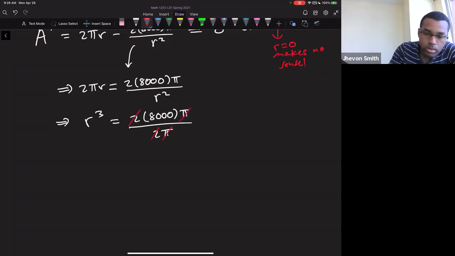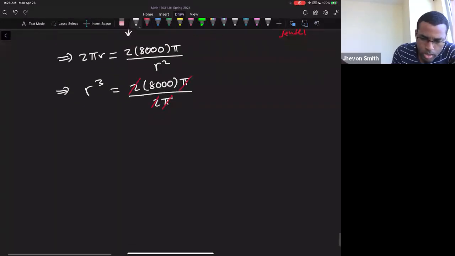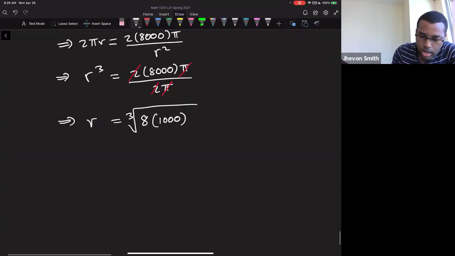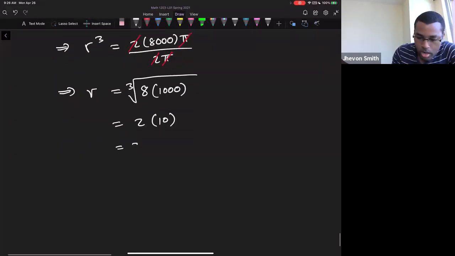So of course that cancels. And so this means r cubed, or r, is going to be the cube root of 8,000, which is 8 times 1,000. Cube root of 8 is 2. Cube root of 1,000 is 10. So this means our r equals 20.